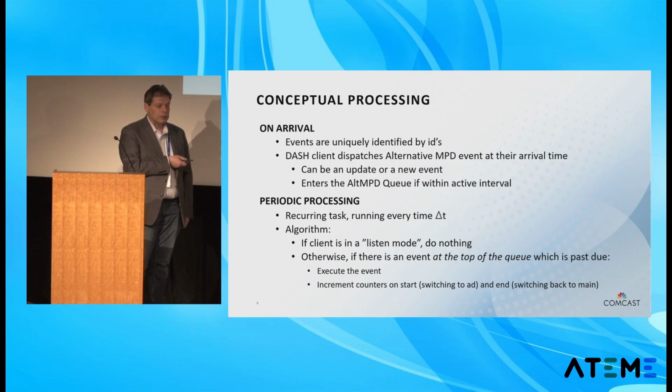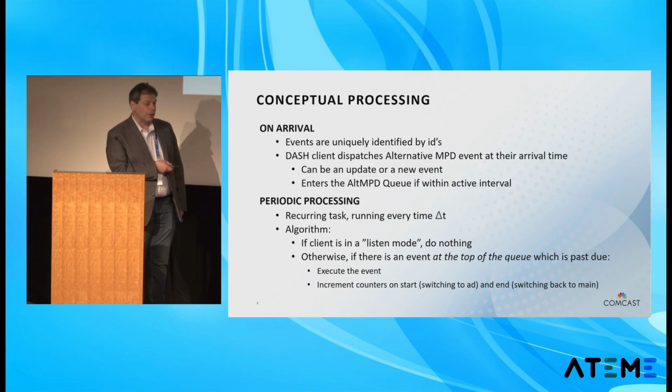If it's an update, we'll update this in the table. If we need, we'll reorder the previous queue. If it is a new one, we'll add it, and we'll add it to the queue if and only if it is still within its active interval. Active interval in this case is the presentation time and duration.